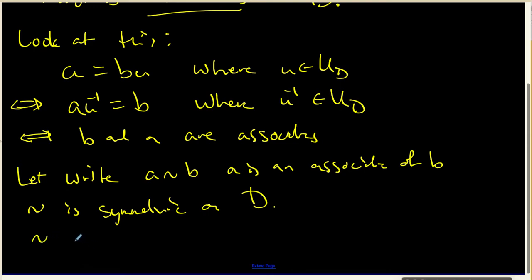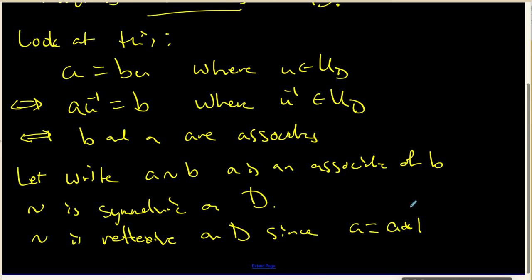Clearly, this relation is also reflexive on D, since any element A is equal to A times 1.